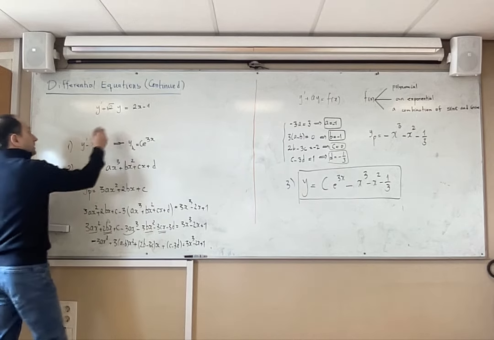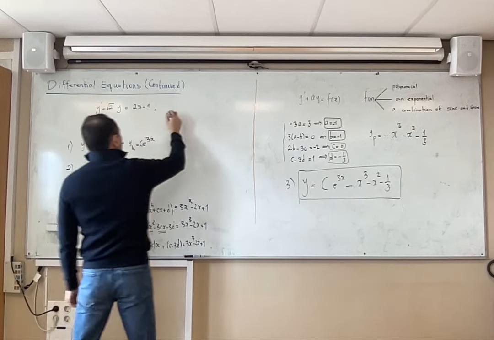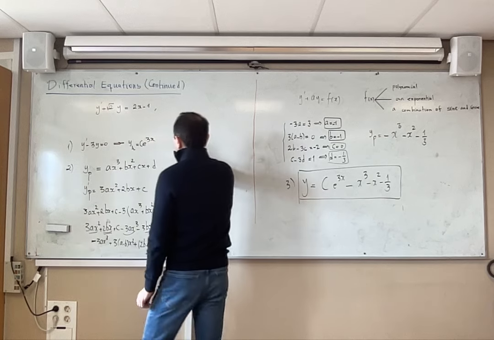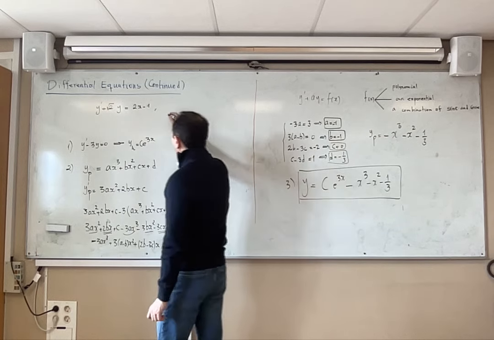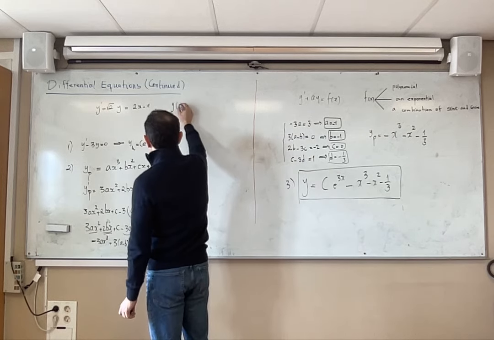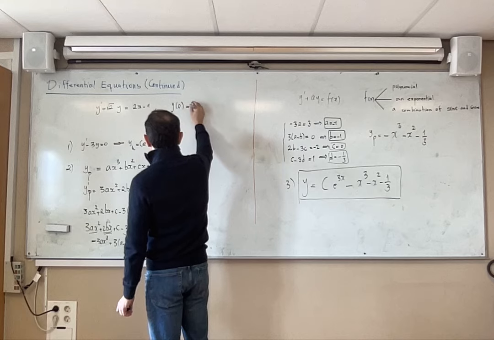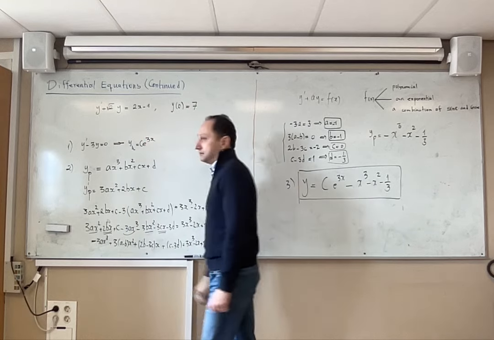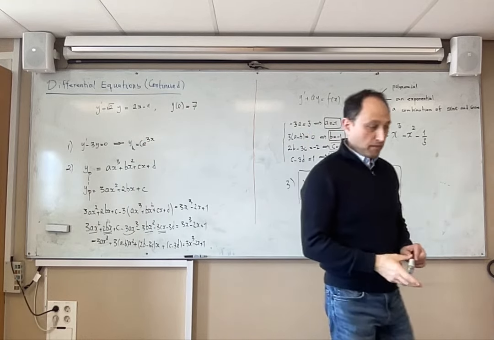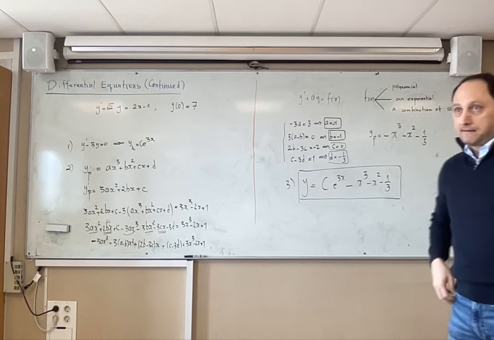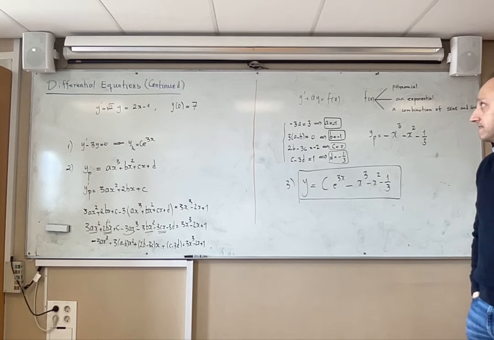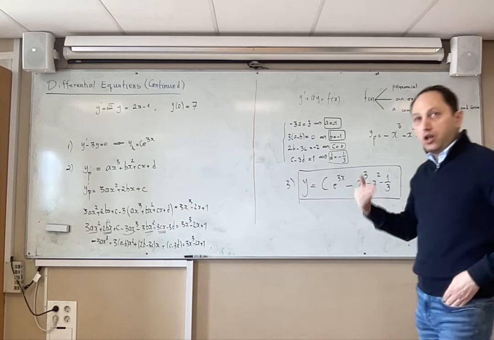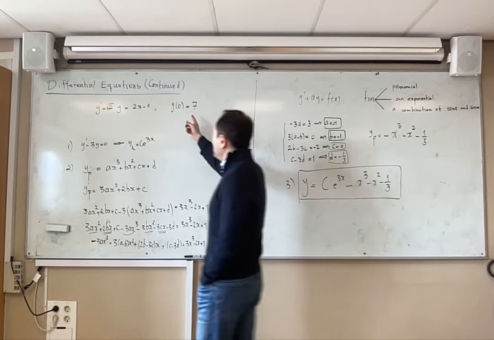And I will not say solve the differential equation. I will ask you to solve the following initial value problem. Okay. So the question is this: solve the following initial value problem.